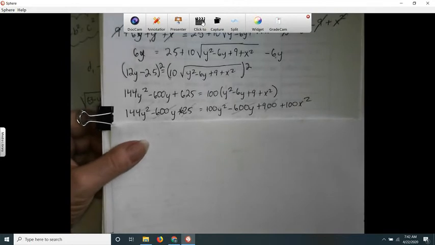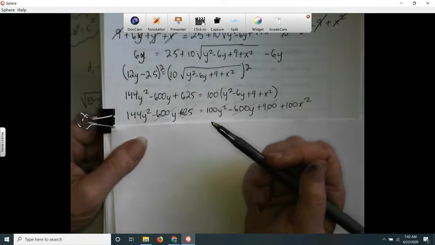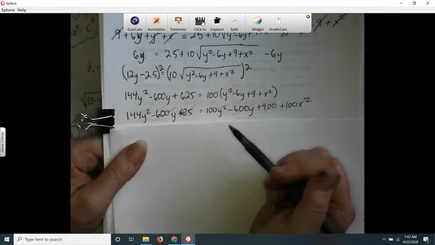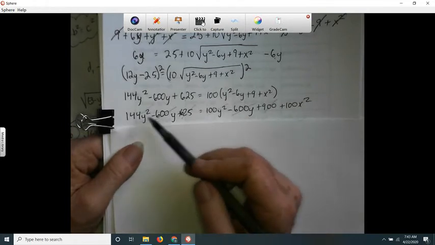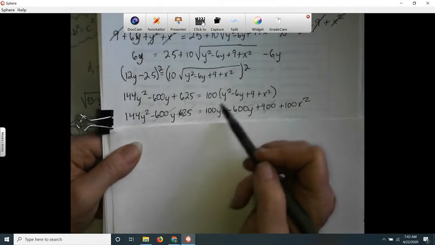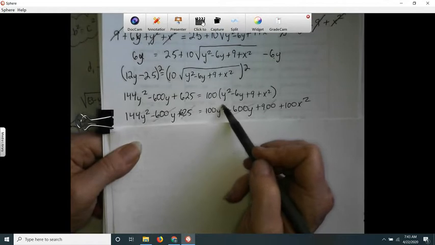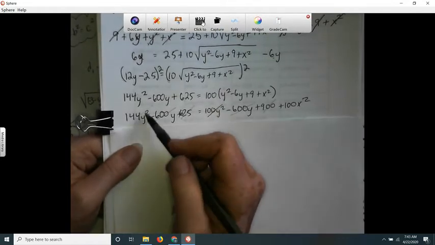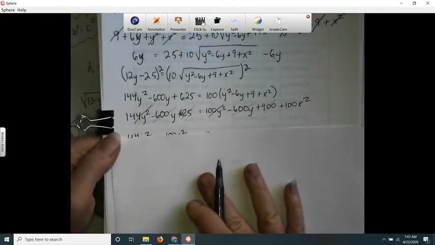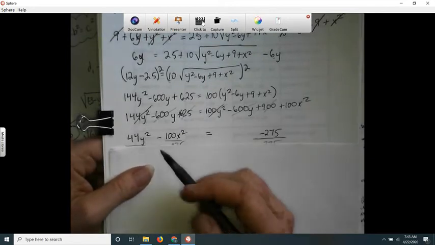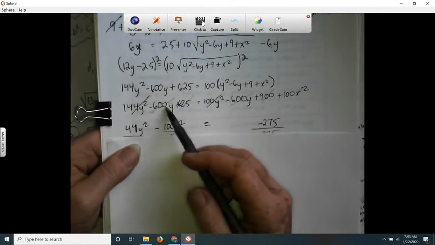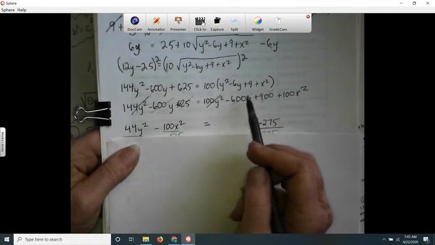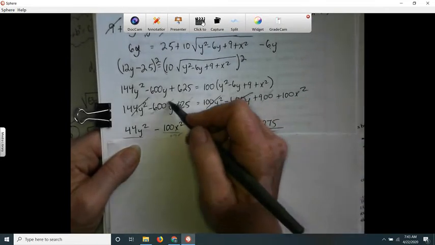And then I can look at it again and see if there's anything I can do. So what I did here is, I looked at the x squareds and I subtracted 100 on both sides. So that gave me 44y squared. And then I see this negative 600y. I can just cancel the whole thing out.